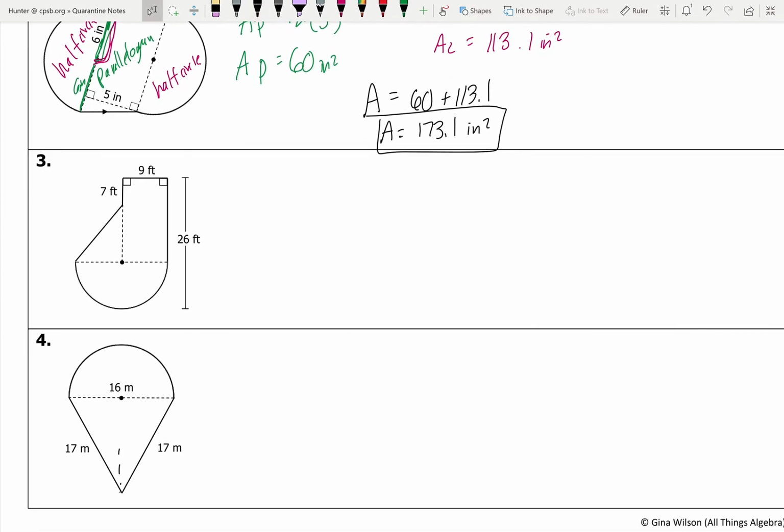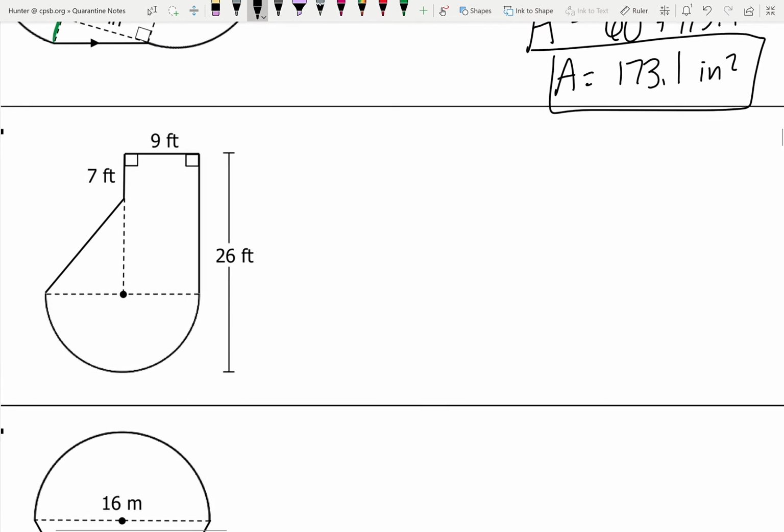Alright, so let's just set up what shapes you'll be using to find the composite areas for the rest. This right here is obviously a triangle. This right here is a rectangle.